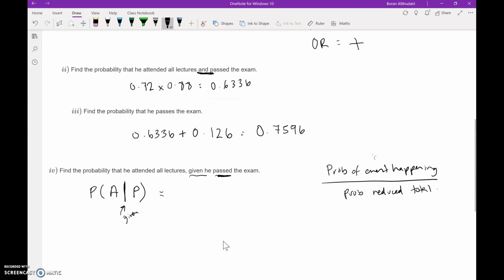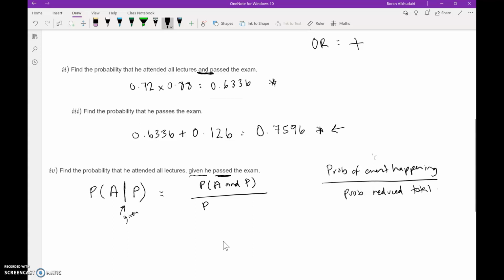So when we look at the probability tree, what we actually want is the probability of him attending all lectures and passing, which we already calculated right here, over the probability of him passing at all, which is the probability that we found right here.